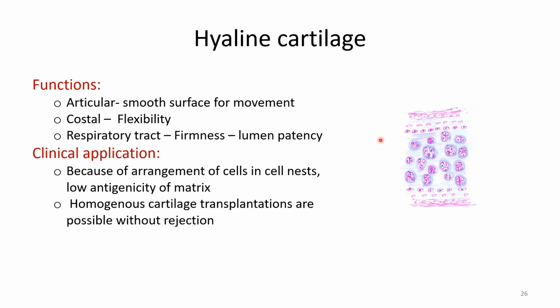Then coming to this picture, which was not labeled, you can see the two layers of perichondrium, then the cartilage cells arranged in groups with territorial matrix and interterritorial matrix, giving the glassy appearance for the hyaline cartilage. Hope you have understood about the hyaline cartilage.